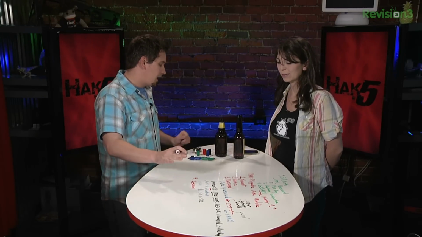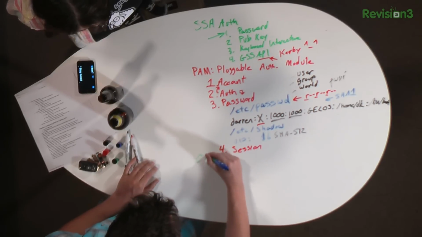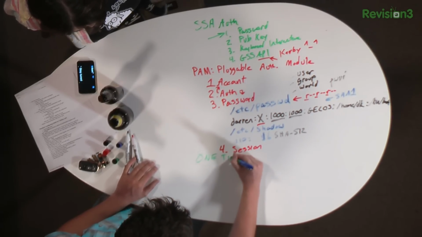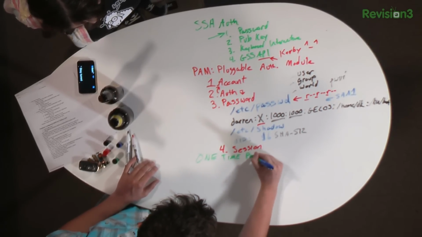Okay, cool. So the reason I bring up all of this stuff about PAM is because what we're going to be doing is adding a module to PAM that's going to allow us to use one-time passwords. Yay!